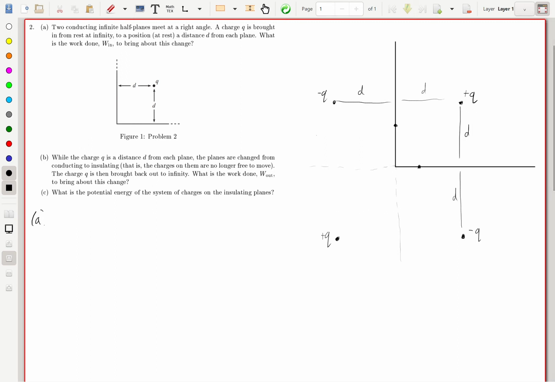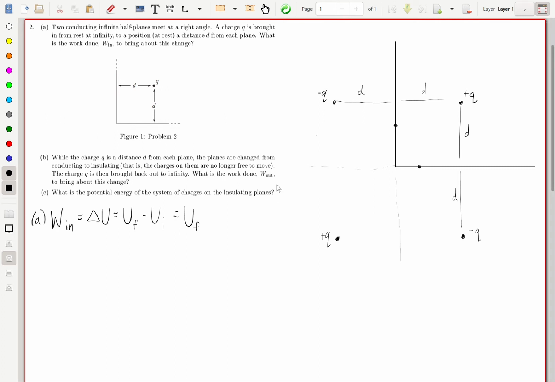Part A asks us what would be the work needed to bring about this change. Now, the work W would just be equal to the change in energy. So we have U final minus U initial, and let's call U initial equals 0, because at infinity, the energy of the total system is exactly 0.